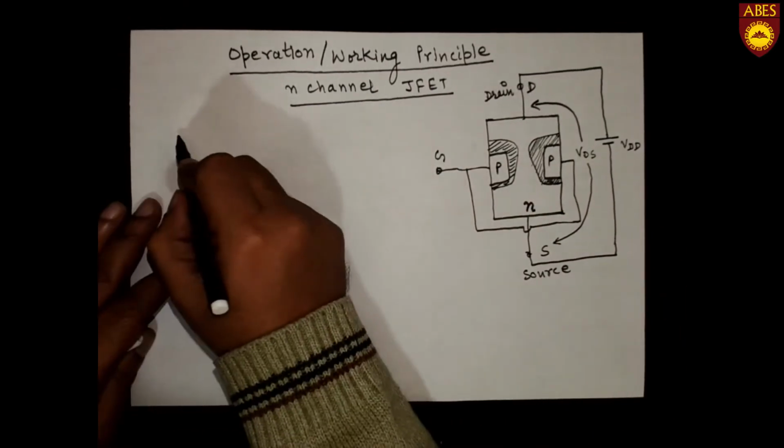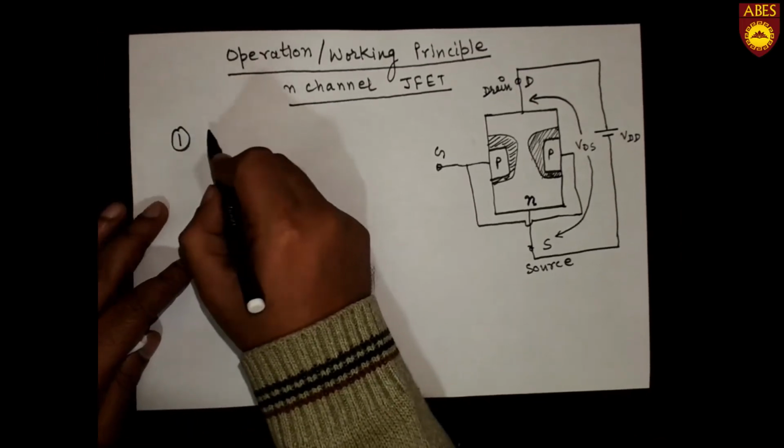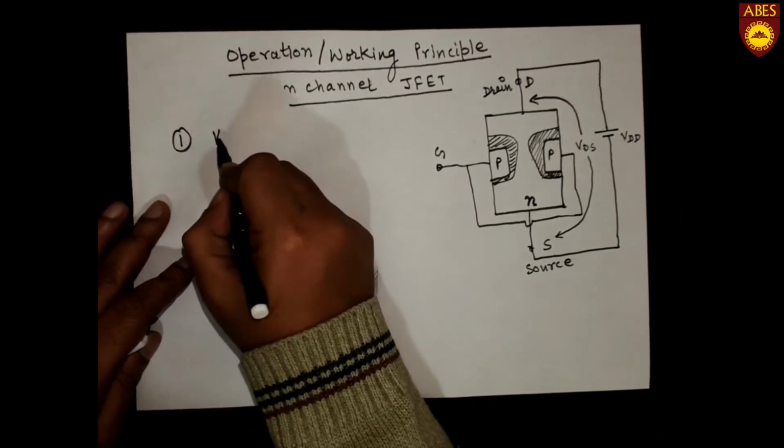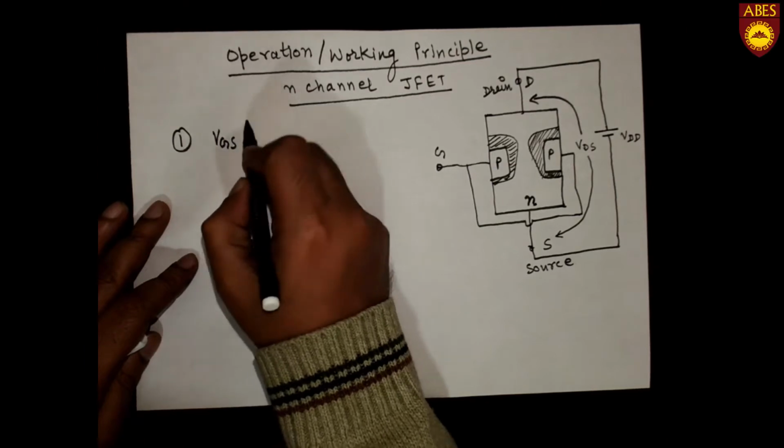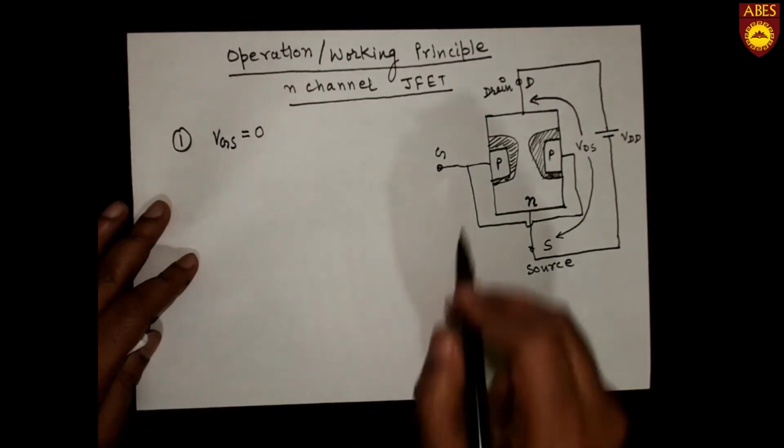We apply VDD under the condition that VGS is equal to 0. So this is the first condition.